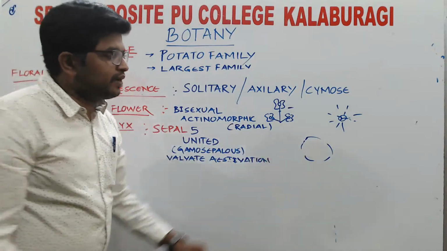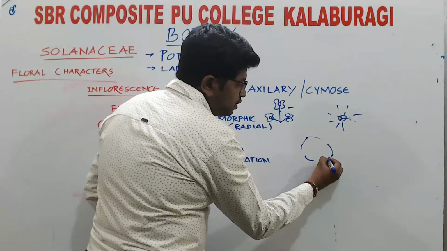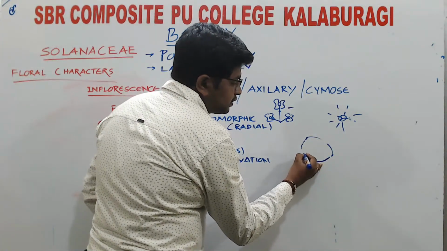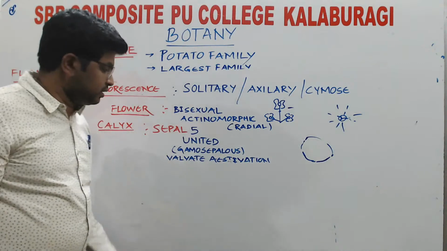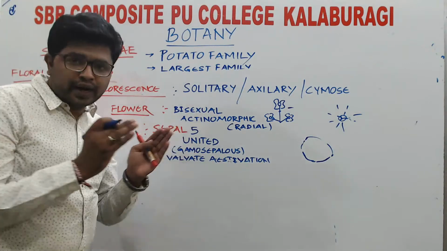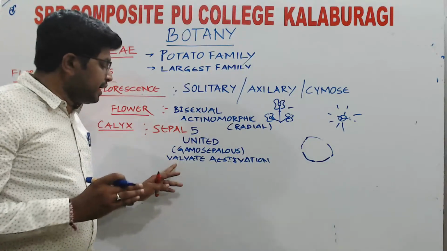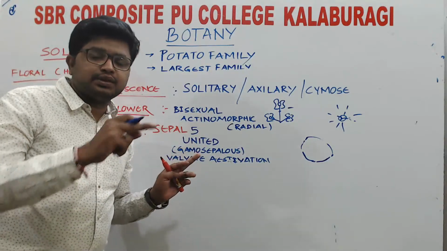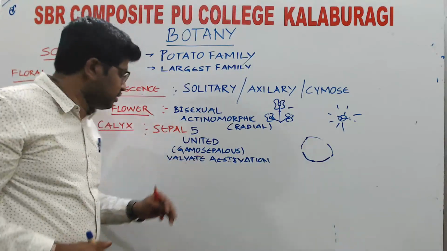So sepals are 5, they are united, gamosepalous, and they follow valvate estivation.